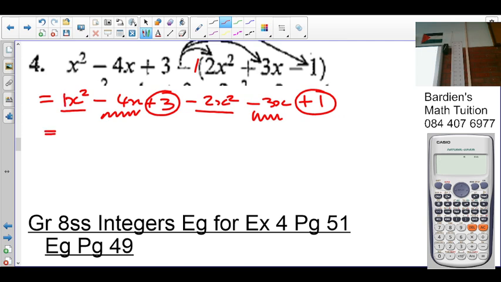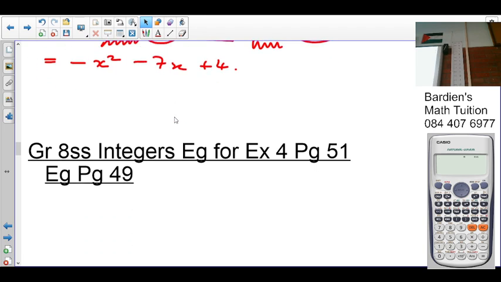Negative 1. You all agree with that? So 1x squared minus 2x squared is negative 1x squared, or negative x squared. What is negative 4x minus 3x? Negative 7x, correct? What's 3 plus 1? Any confusion at this point?